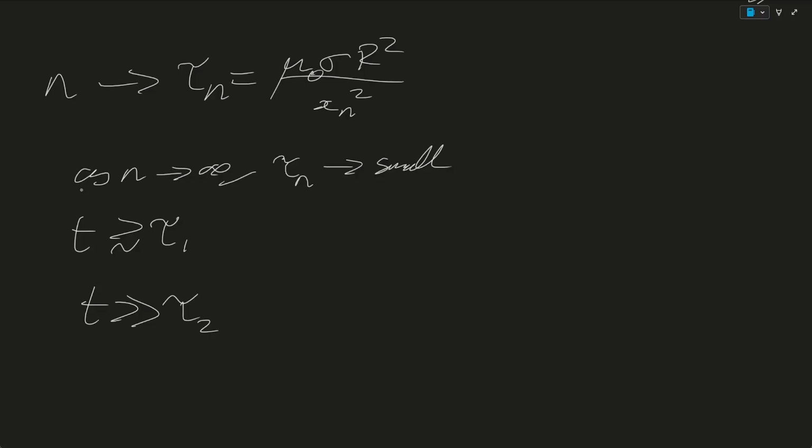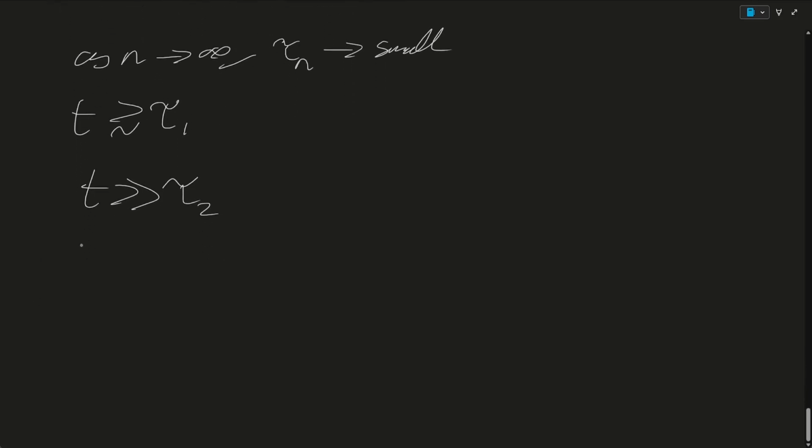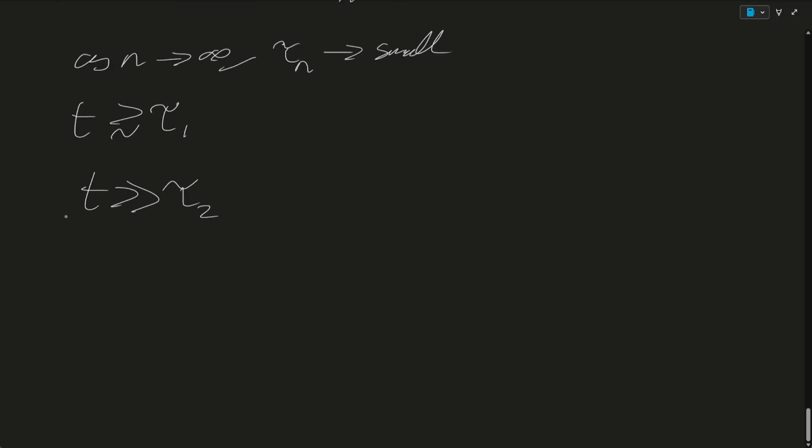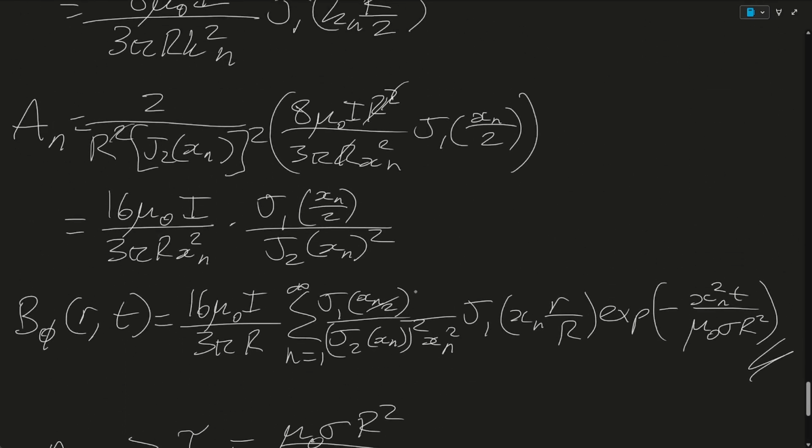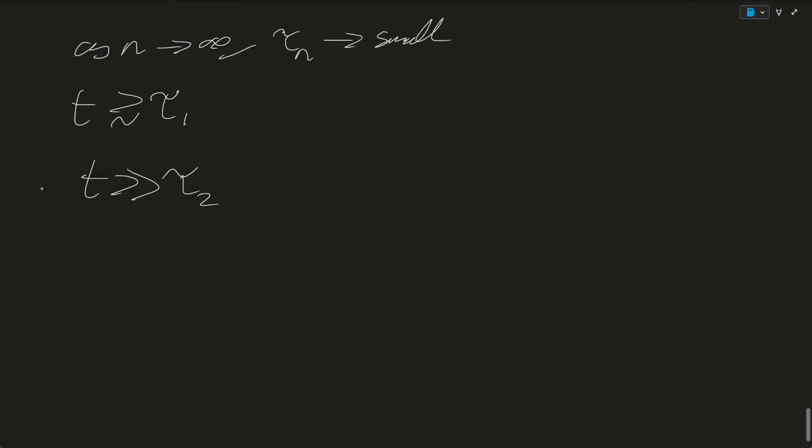And so at long times, the induction behaves just as an exponential decay. I don't know if you've seen an animation of the Bessel function, but you can kind of guess it from that. And so we can actually just cut out the sum and only do n equals 1.